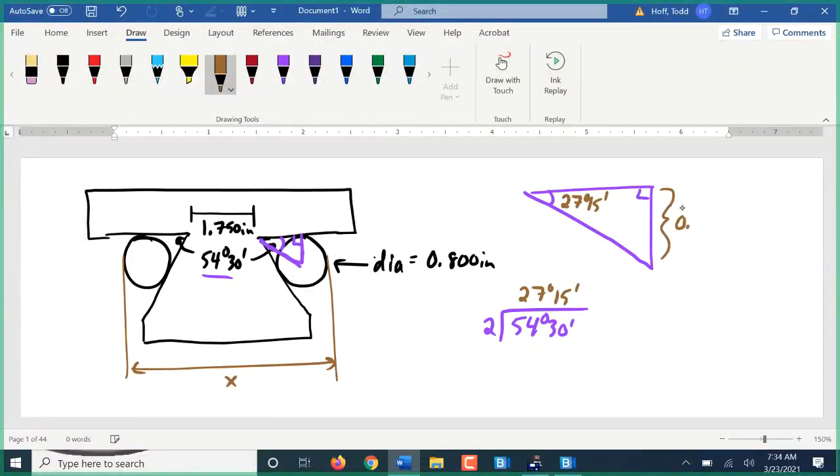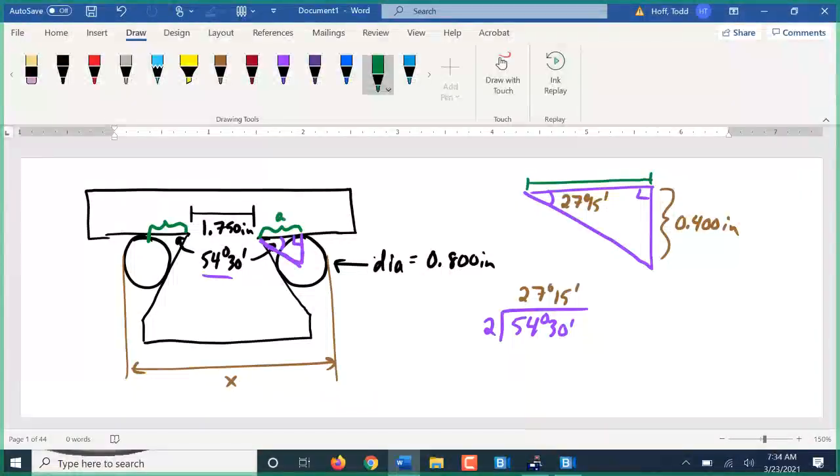The diameter of 0.8 means it's a radius of 0.4 inches. The piece we need to find is this piece over here, from here to here. It would also be the same as the distance on this side, since that round stock is the same diameter.